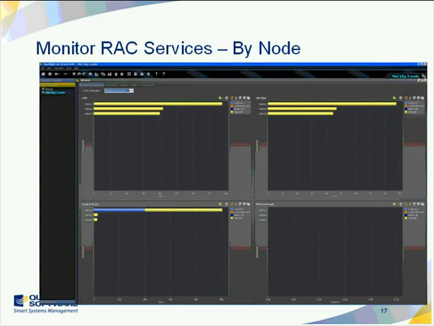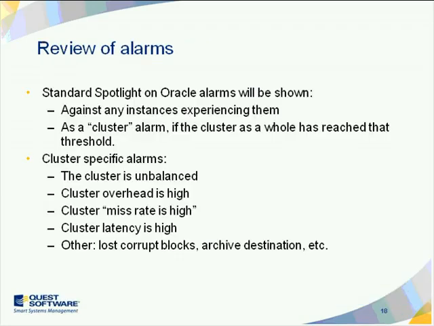So this helps you better understand how you're balancing your load, because the increased flexibility of being able to add specific services and assign them to specific nodes also gives you the capability to throw your RAC cluster out of balance. So this gives you a way to monitor how that's going.